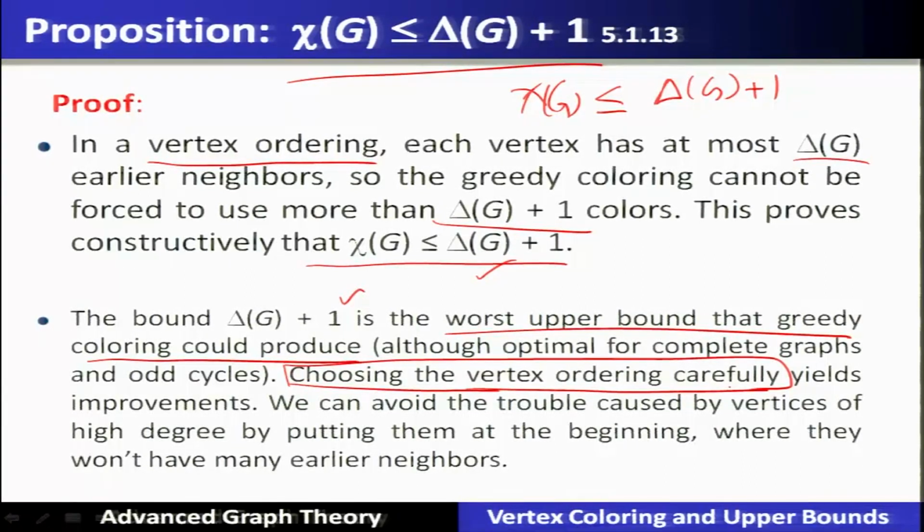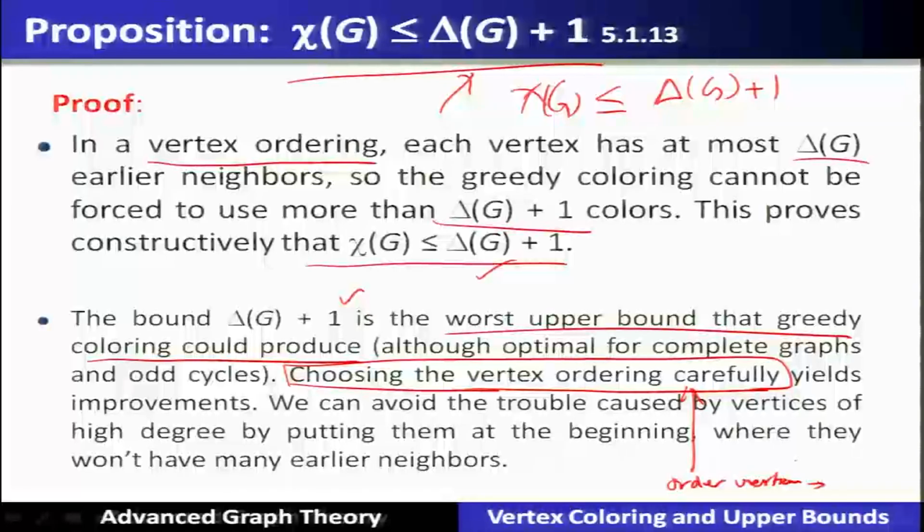So, if the vertex ordering is chosen very carefully, it will improve this particular bound further. Now, one heuristic which will be applied here is that if we order the vertices according to the degree sequence, so that the highest degree vertices are placed ahead, in the beginning of the sequence, and the next higher degree will be placed next, and so on.